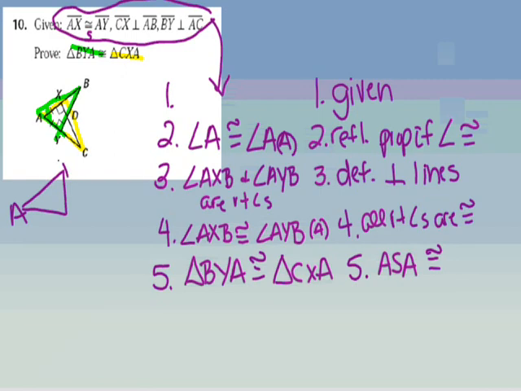So that's my A, B, Y, and I have angle A. I have angle, I said this is Y, right? So I have angle Y, and then I have the side in between them. All right, so that's where I get my angle, side, angle from. Okay, moving on to our next proof.